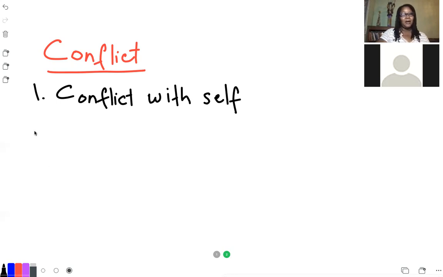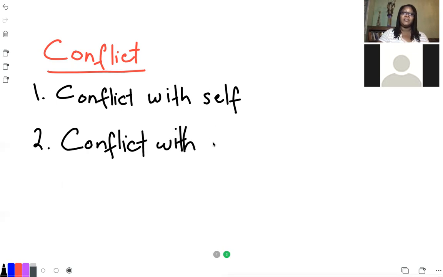Then you have your second type of conflict. And this is where your characters interact. This is now conflict with others. So this is the one that we tend to be most familiar with, where one character is at odds or at loggerheads with another character.